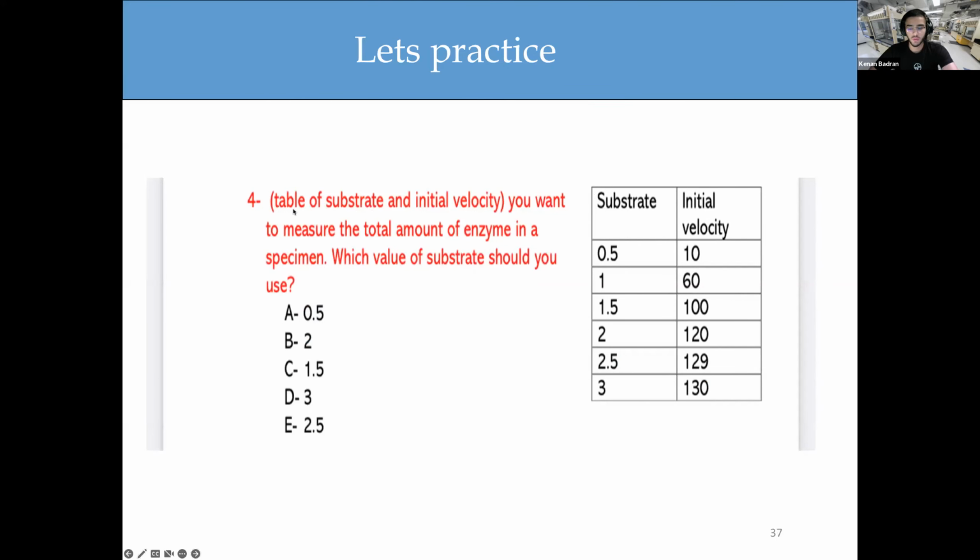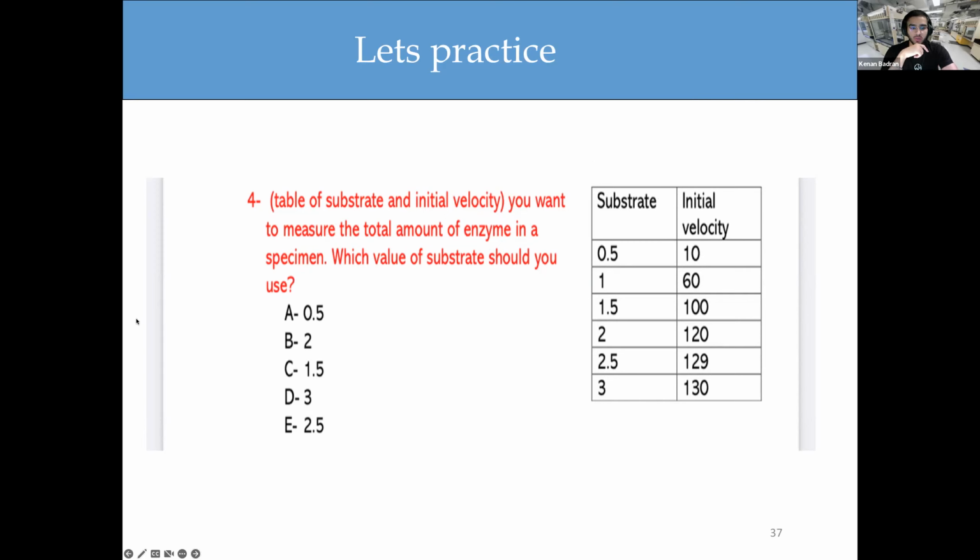Last question. Then we can take a break, pray, and continue the next lecture. What's the answer for this one? You want to measure the total amount of enzyme in a specimen.